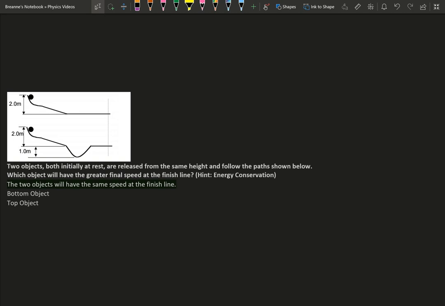So they start out at the same height. So if we call this object 1 and object 2. For object 1, we have your gravitational potential, which gets converted into kinetic, and it stays at that kinetic all the way through.